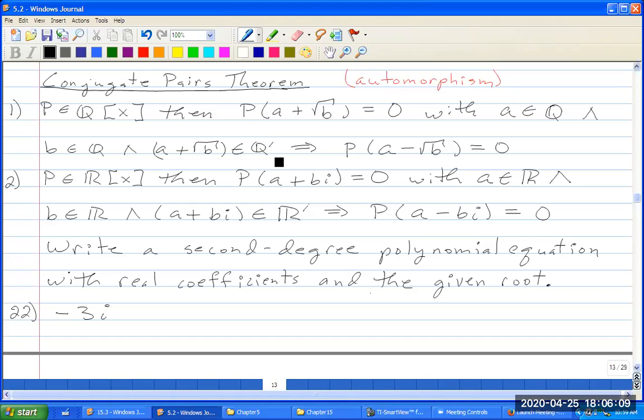If you had complex coefficients, it would change the values of your coefficients, and you do not want to change the value of your coefficients. So this complex conjugation, this automorphism, has to fix your coefficient field.